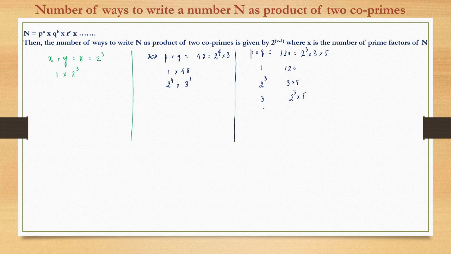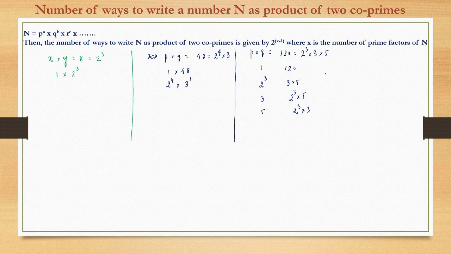If p takes 5, then q will take 2 raised to power 3 into 3. So this is four ways. By ways I mean unordered ways. We are not differentiating between what values p and q will take. If it's ordered, then it will be just double.